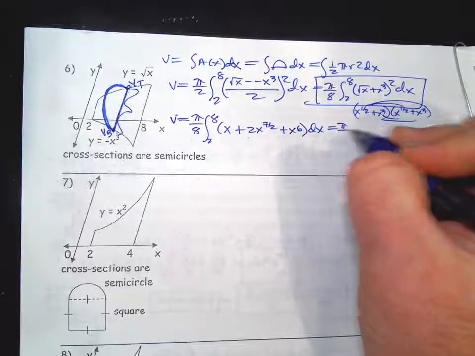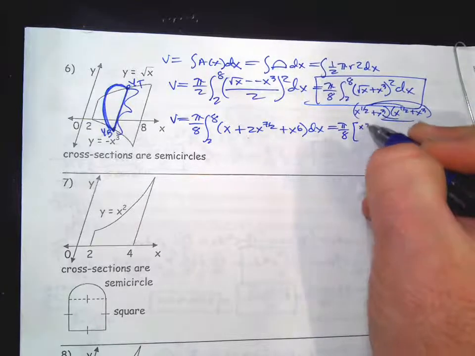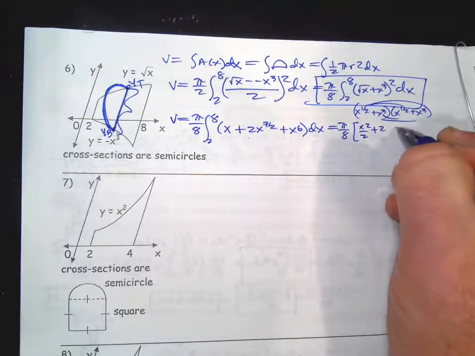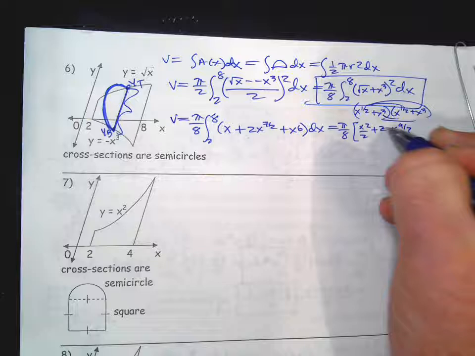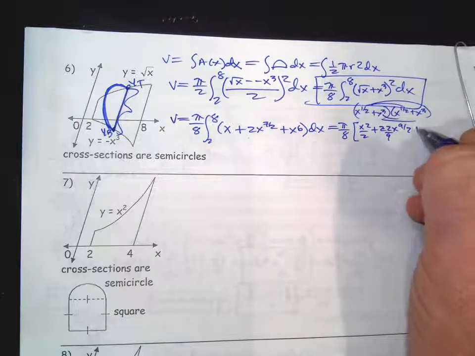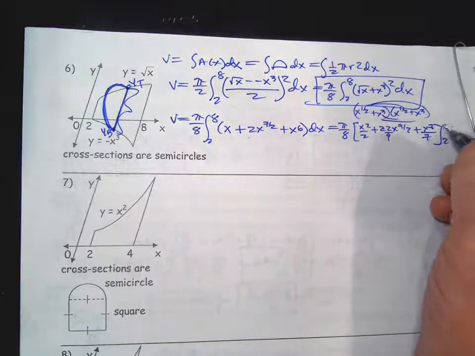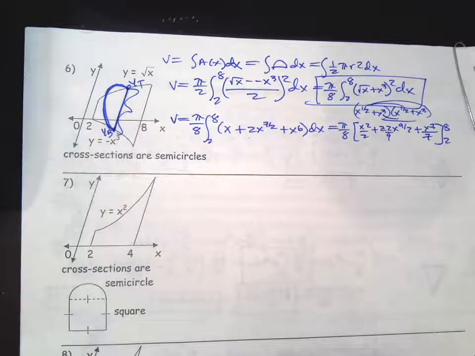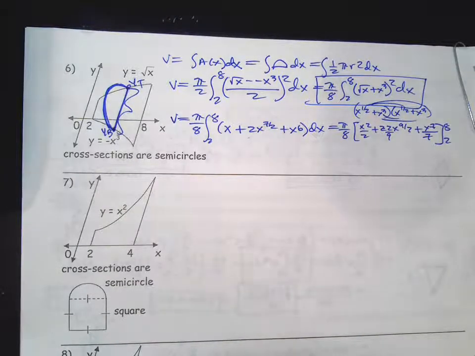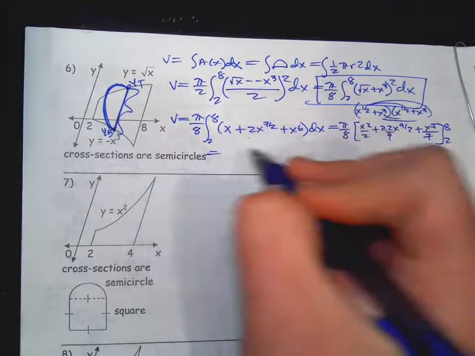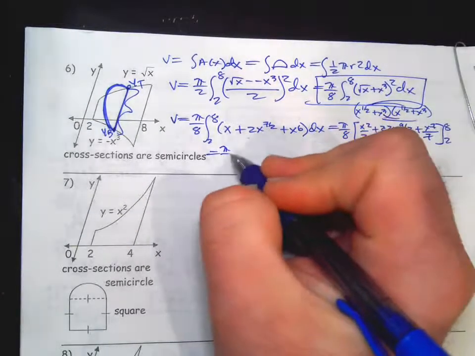Pi over 8. Antiderivative is x squared over 2 plus 2x to the 9/2 divided by the new exponent plus x to the 7th over 7, 2 to 8. I'll write it as much as I can. Pi over 8.